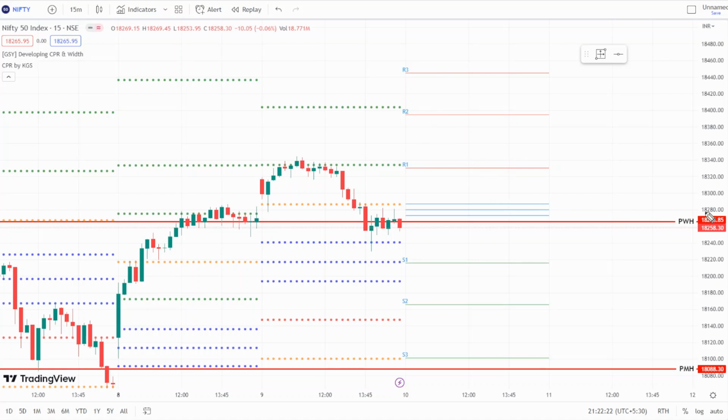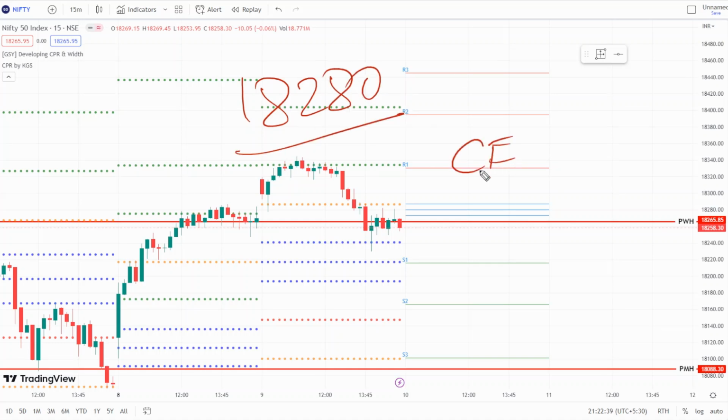You need to understand one thing here. Why did I say anything above 18,280 is positive in Nifty, and anything below 18,250 is negative? Because if the candles are sustaining above 18,280, you need to check out for opportunities in call or long side in the index.